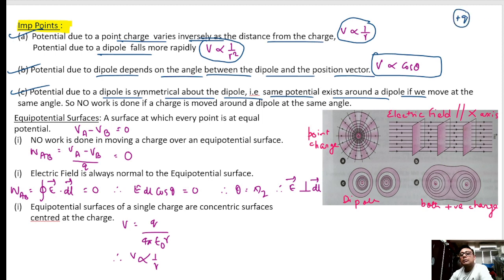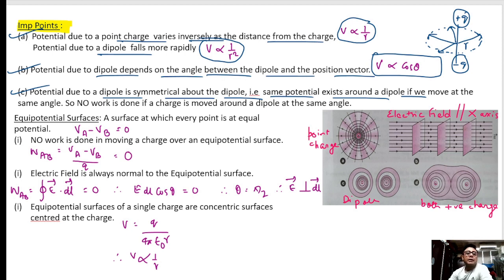So if this is the dipole, around any point, its potential will remain same in this region. Here the potential will be same, here the potential is same, here the potential is same.